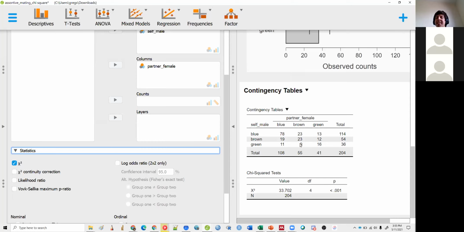And you can probably tell that the fact that there's 78 blue-eyed men with blue-eyed women, that's kind of a lot, even given the proportion of people with blue eyes in the whole study.